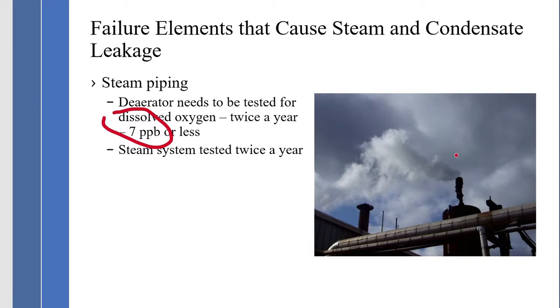So the thing is that adjusting this plume here can be done aggressively or not aggressively. That doesn't help. We want to do the testing right here at least twice a year on the deaerator, and the steam system should also have testing done.